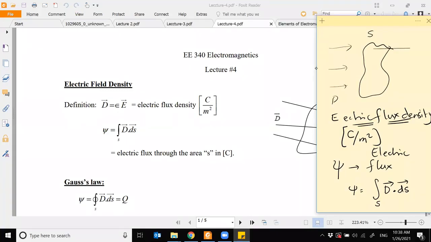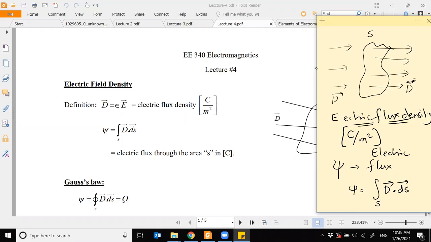How much is the D which is coming out of this surface? How much is the D which is coming out of the surface is nothing but your electric flux, which is equal to your surface integral of whatever D is coming out.